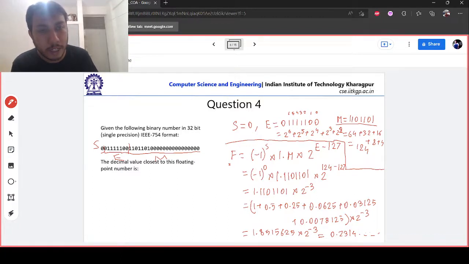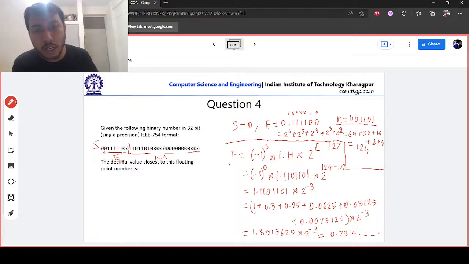If we add this up, it will come down to 124. Correct. So in this step, we substitute the values of m and e. The m value is this, the e value is 124 which we have substituted here, minus 127. Now the next step is you need to convert this binary number into decimal.